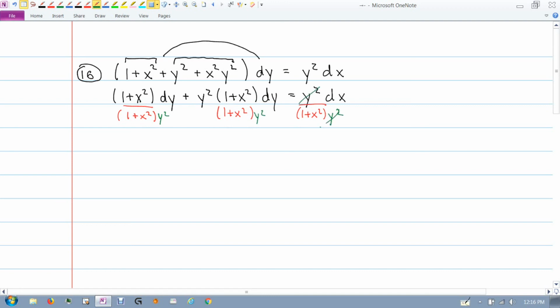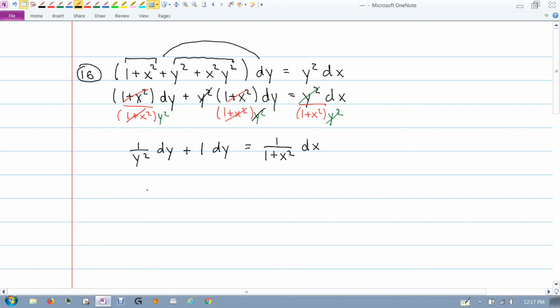And the y squareds are going to cancel, and the 1 plus x squareds are canceling. So we should get a nice expression here that's left here. We should have 1 over y squared dy plus, let's see, the y squared and y squared here cancel. We get 1 dy equals the right hand side, which is 1 over 1 plus x squared dx.